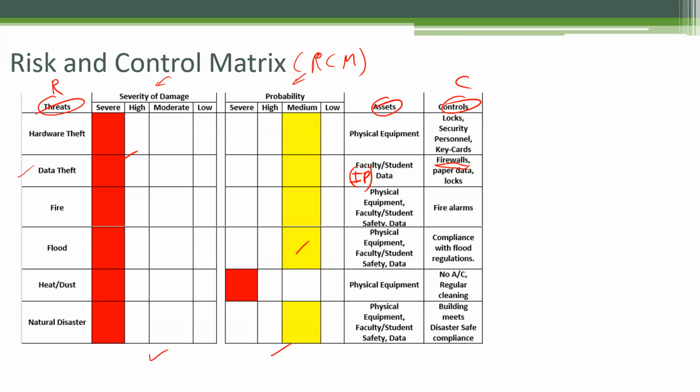That's why you have a ranking system for the severity of the issue, and also the probability that it will happen. Based on that information, you can produce a ranked risk and control matrix.